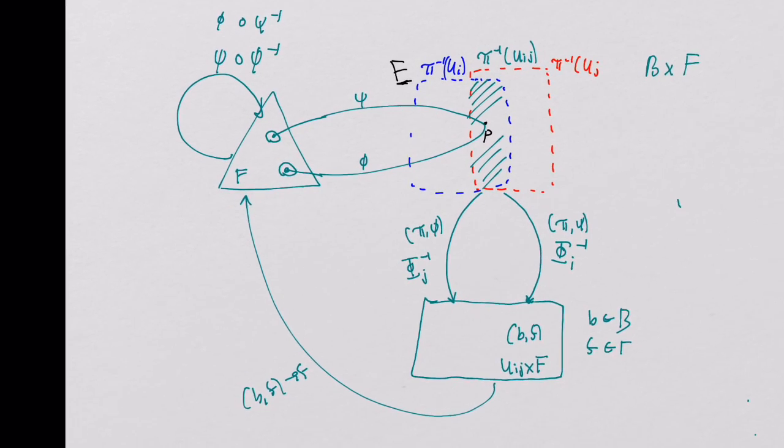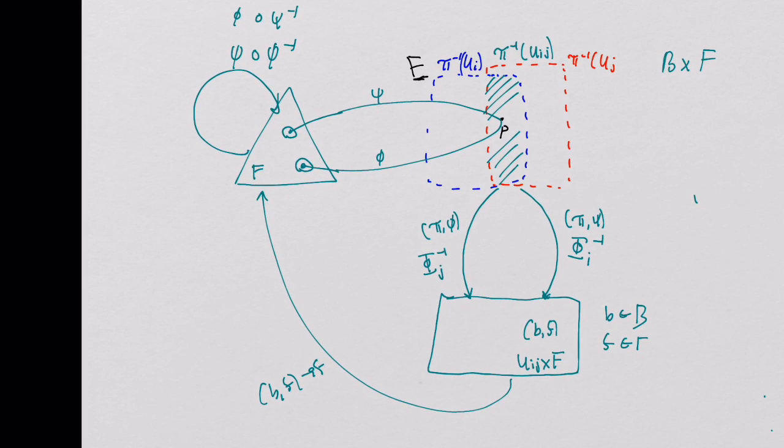So F is a differentiable manifold, and any mapping from F to F that we care about is going to be a diffeomorphism. Right? It must be a diffeomorphism, and that's not too hard to see. These are diffeomorphisms, these are diffeomorphisms, so their composition will be a diffeomorphism.